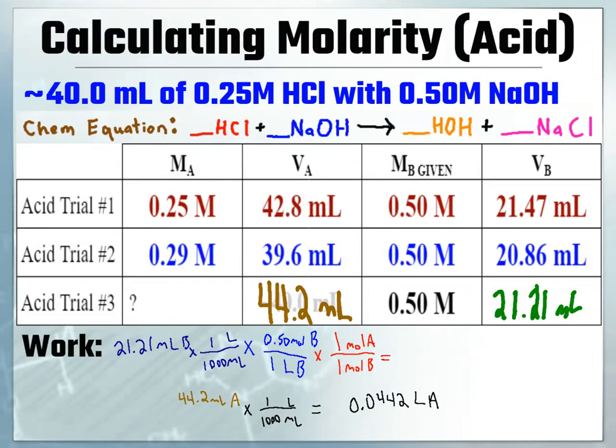Over here for my moles, I need to calculate that out: 21.21 divided by 1,000 times 0.5, and then times 1 divided by 1, which I don't need to worry about. The moles I get are 0.010605.